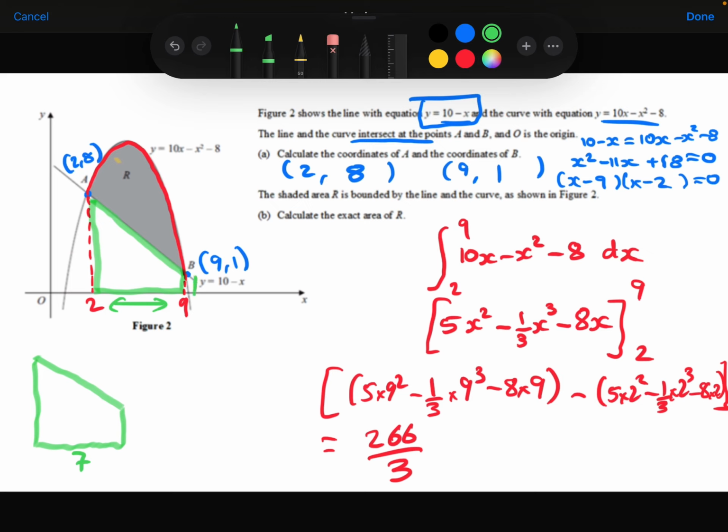I know that this side here is 1, and this side over here is 8, because they are the y coordinates of A and B. So the area of this trapezium is a half A plus B times H, which is 63 over 2.